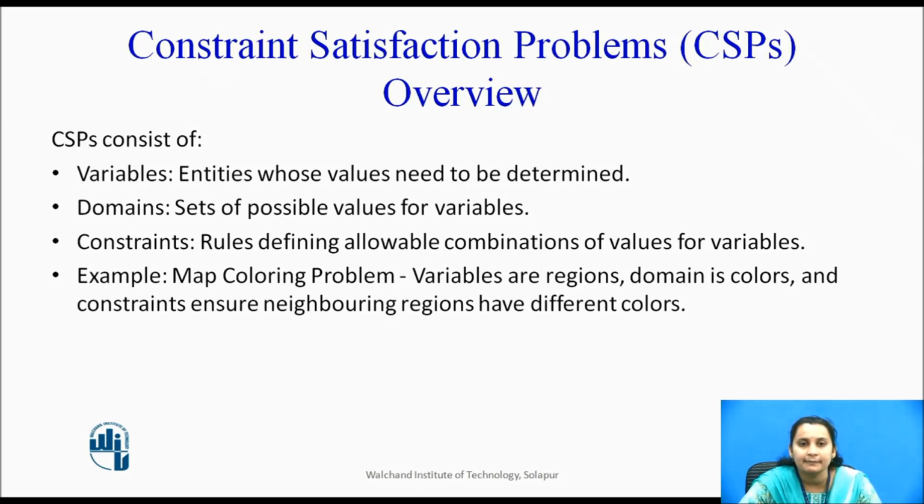Its example is the map coloring problem. It is one problem where the map has particular nodes, and we want to color each and every node in that graph. But before assigning a color, we want to check that no adjacent node has the same color. Adjacent nodes should have different colors.